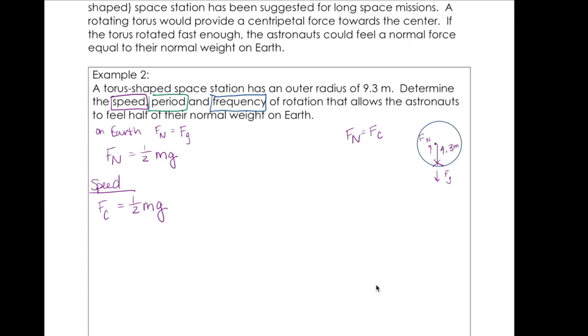Okay, so remember that we know that F of c is equal to the mass times velocity squared divided by the radius. Okay, so I can use this equation and plug it into my F of c. So I'm going to go ahead and do that. So mv squared divided by r equals 1/2 m times gravity.